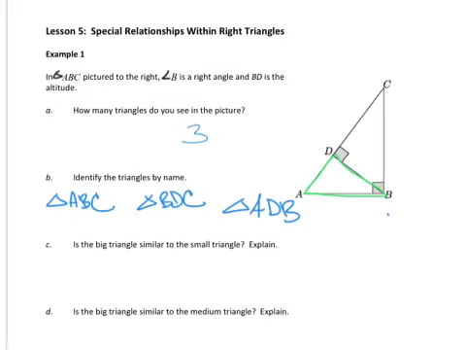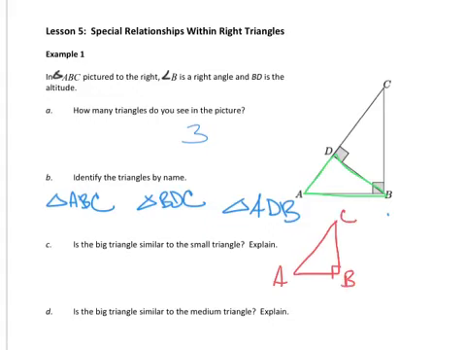And let's see, again, we had this conversation before. I want to see if these triangles are going to be similar to each other. The first thing I want to do is draw them out down here on the side. So I'm going to draw them all the same way. Let's draw the big one. This is A. This is the big right triangle, right angle B, and there's C.